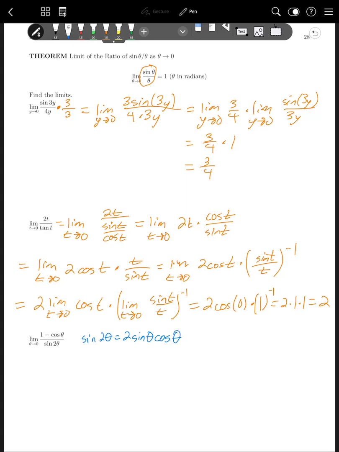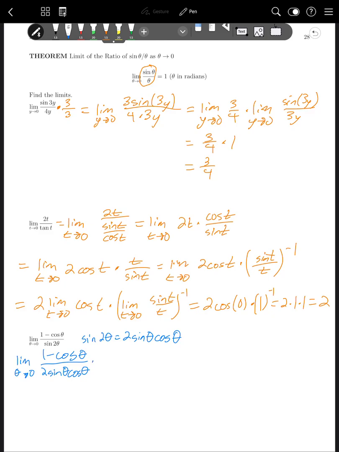All right. So now we want to replace that in the function. So this will be the limit as theta approaches 0 of 1 minus cosine theta over 2 sine theta cosine theta. And the part on top here actually looks a lot like another trig identity that we may be familiar with, except that it doesn't have a square on it.